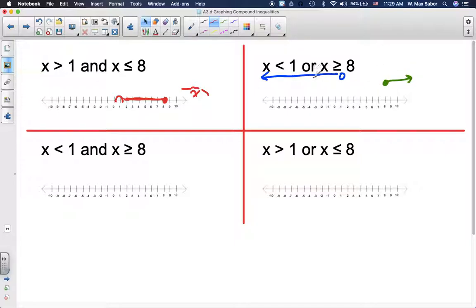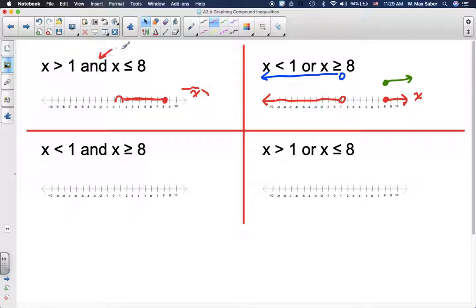So for an OR statement, we're looking for what makes at least one true. All these points make the blue one true, so they count. All these points don't make either true, and this makes one of them true, the green one. So that's our answer for the OR statement.